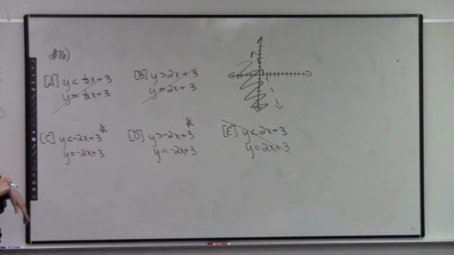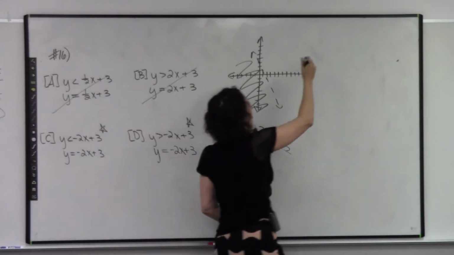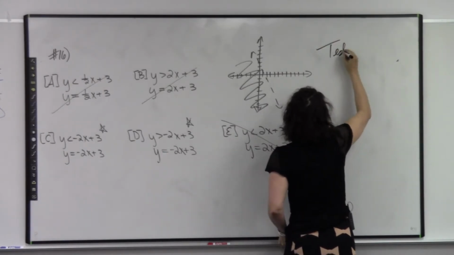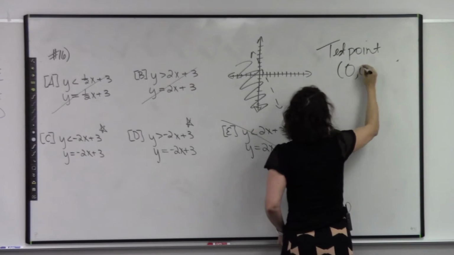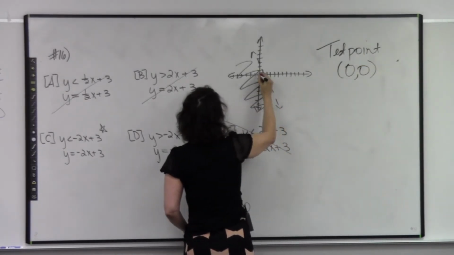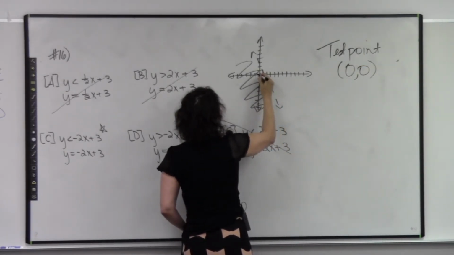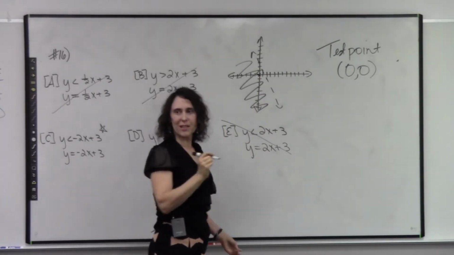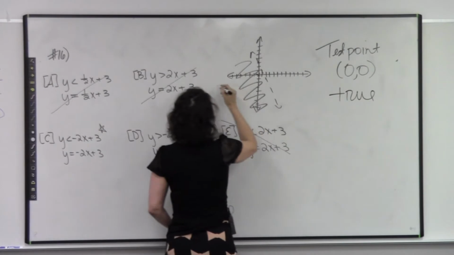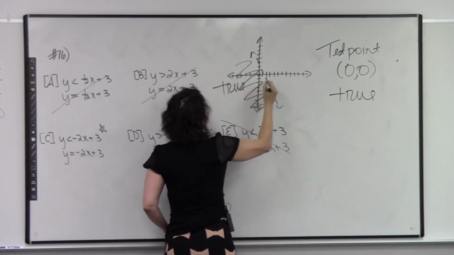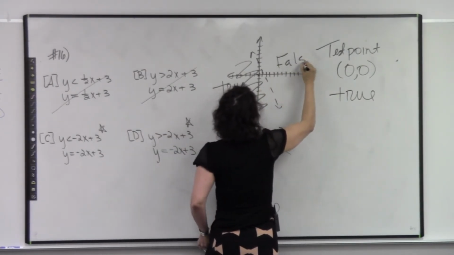And we're going to base it off of a test point. So what test point do you want to use? 0, 0. All right, let's locate 0, 0. Here it is, right here. It's on the shaded side, so what does that mean? True. So this side has to be true. This side has to be false.